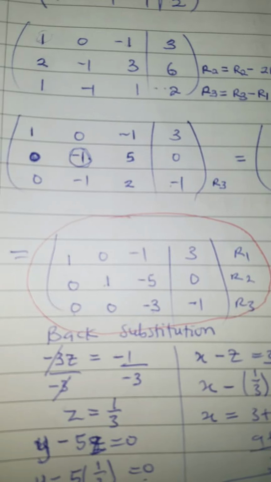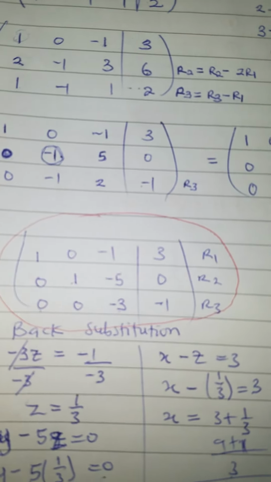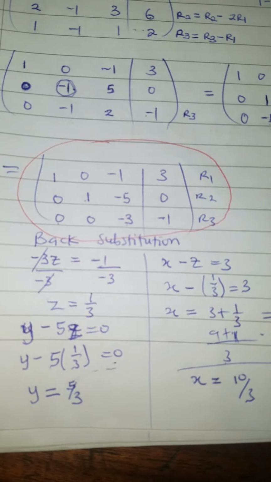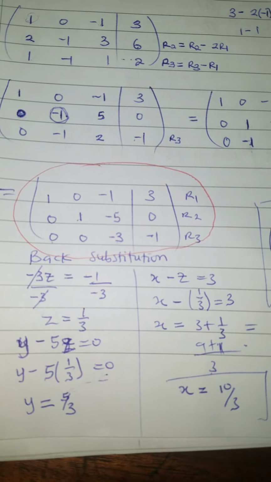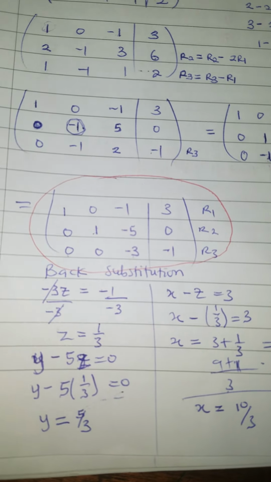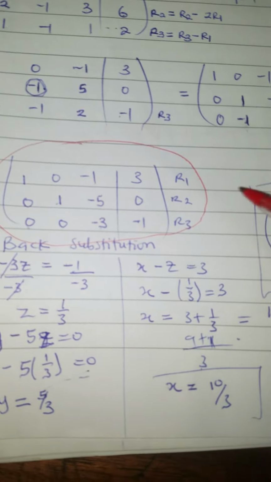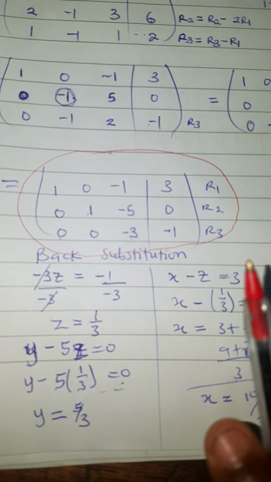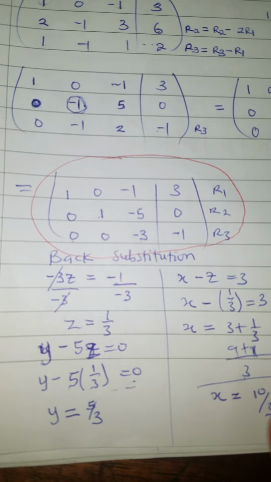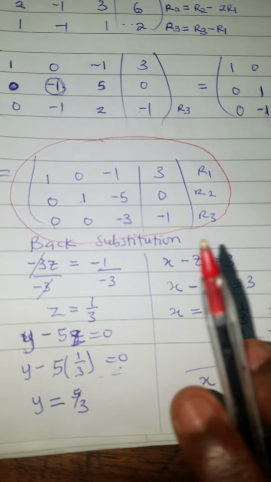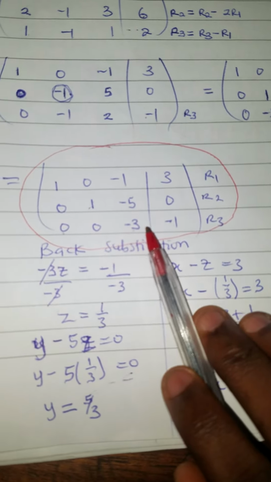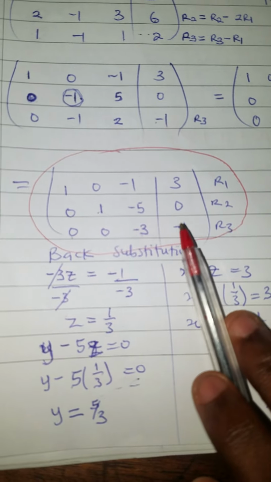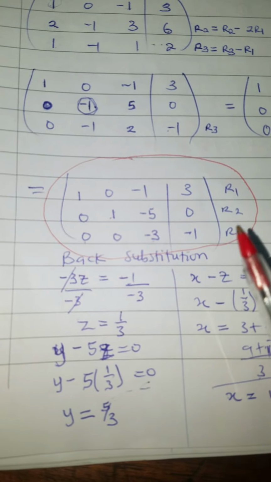Now when you get to this area, when you get to this matrix, that is where you use the back substitution method. This matrix tells you whether the solution is definite or it is having infinitely many solutions.